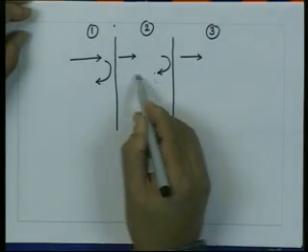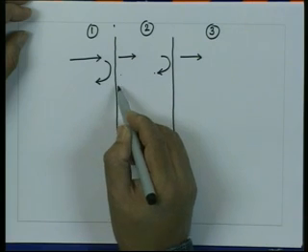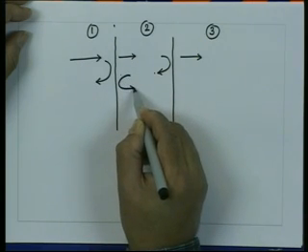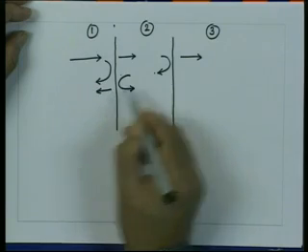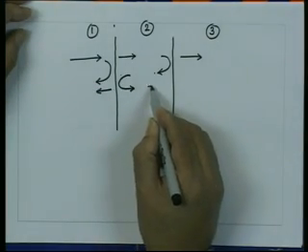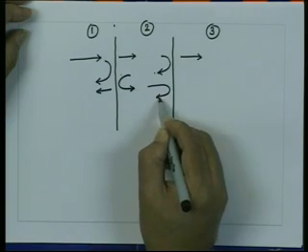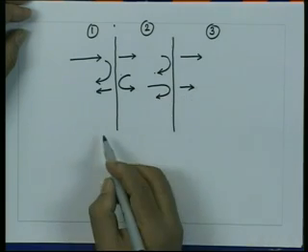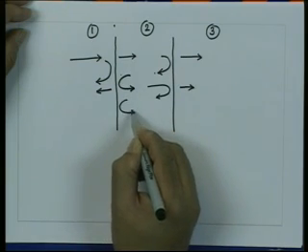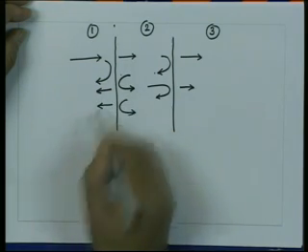This energy then travels all the way up to this point, and since it again sees the medium discontinuity, part of the energy is transmitted here and reflected here. This energy again reaches this point, it gets reflected, part gets transmitted. This one reaches here, again part gets reflected, part gets transmitted.